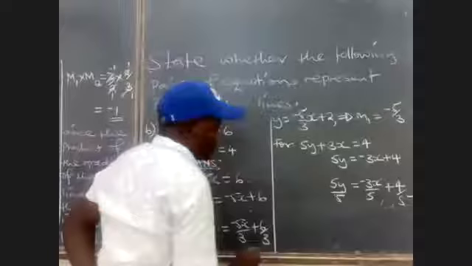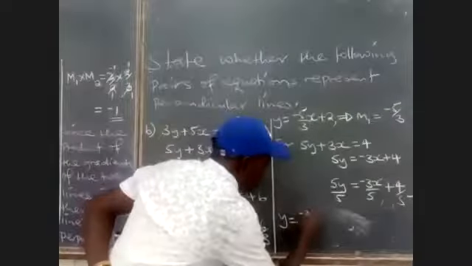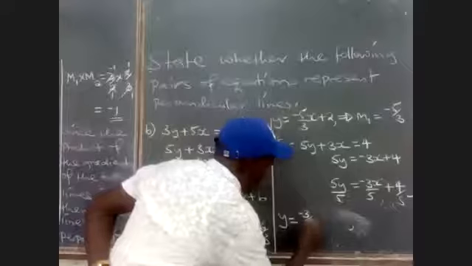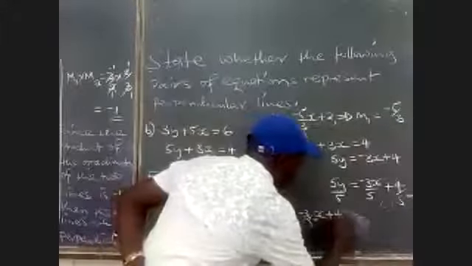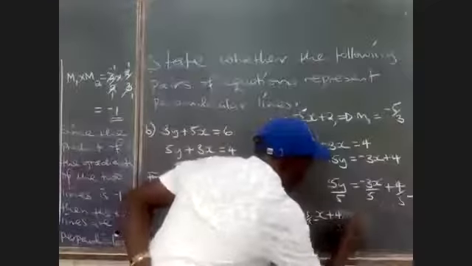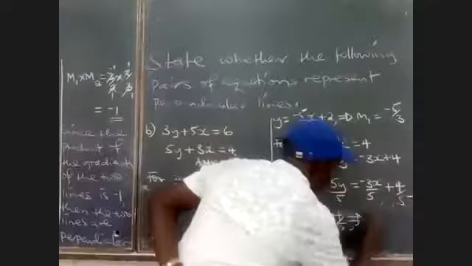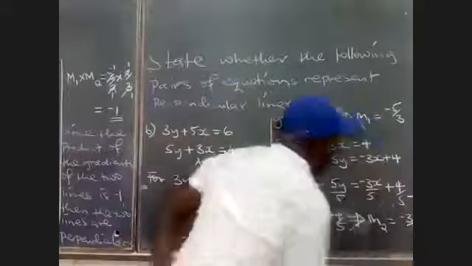So y is equal to negative 3 out of 5 x plus 4 out of 5. What is the gradient here? M2 is negative 3 out of 5.